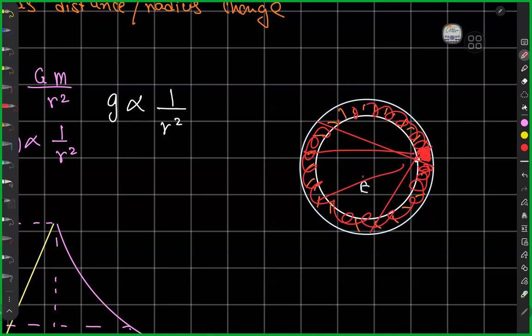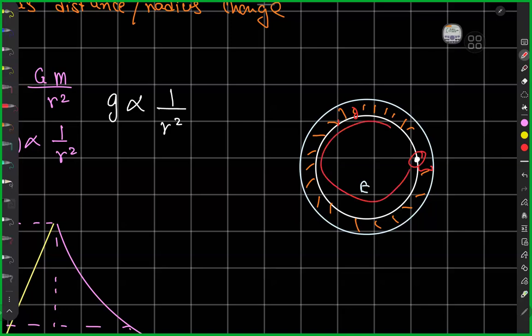Now, the same doesn't happen for the mass inside. You will ask me, doesn't that happen for the mass that is inside as well? No. If my object is over here and there's a massive mass over here, all of it pulls inward. If I divide the object into multiple pieces, multiple cubes, all of these cubes are pulling my white object inside. So the white object still feels a force towards the center of Earth. It still does.